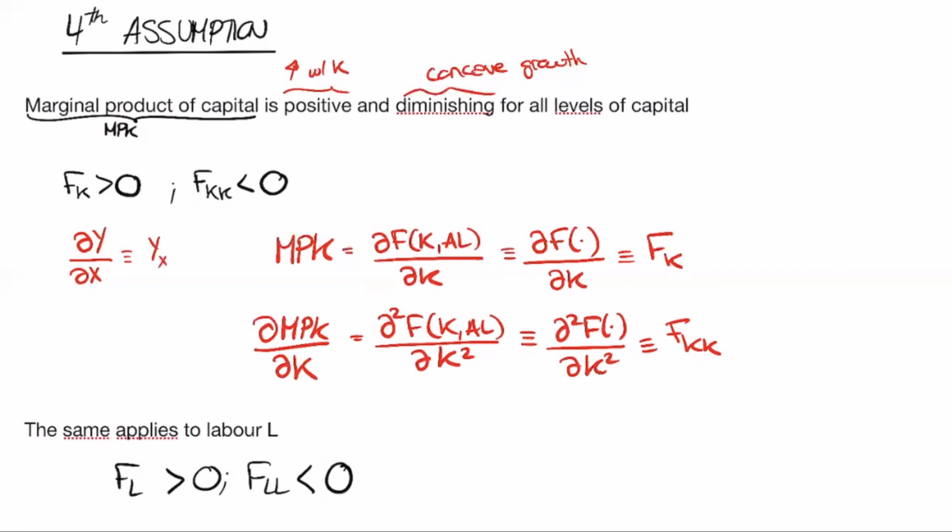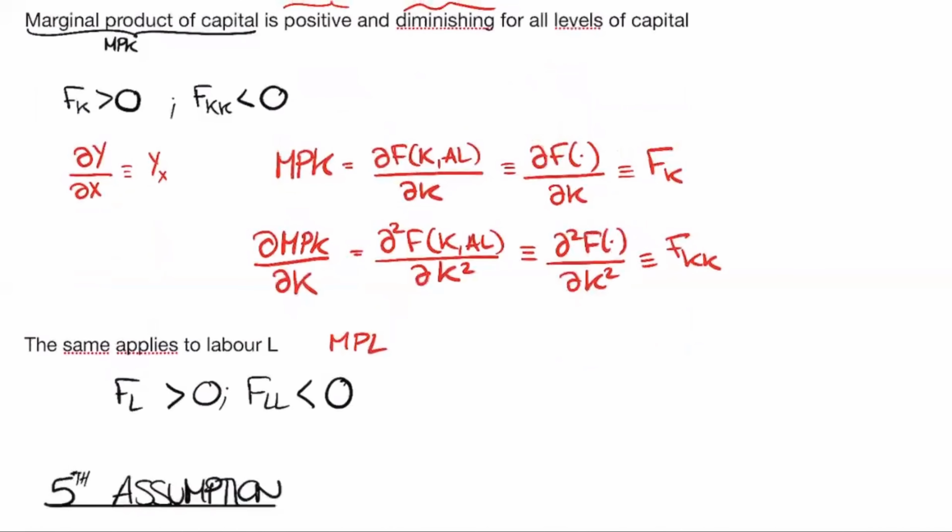And basically the same applies to labor L. So I'm not going to write down the same thing, but the marginal product of labor, which is MPL, is positive and diminishing for all levels of capital. And so basically, if we had to represent it graphically, I will do it for labor.